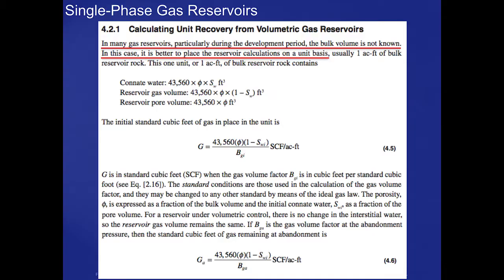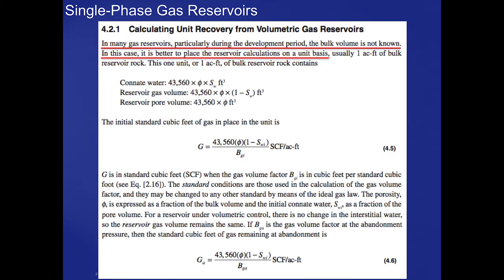V sub B, the bulk volume of the reservoir, is commonly expressed in acre feet. And so with that measurement that we get from the seismic data of the areal extent and the thickness of the reservoir, we can multiply those two together to give us that bulk volume, and that's why we express it in acre feet typically. In many gas reservoirs, particularly during the development period, the bulk volume of the reservoir is not known.